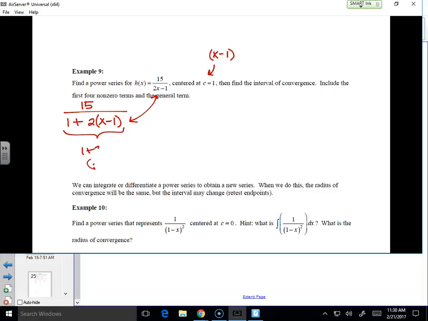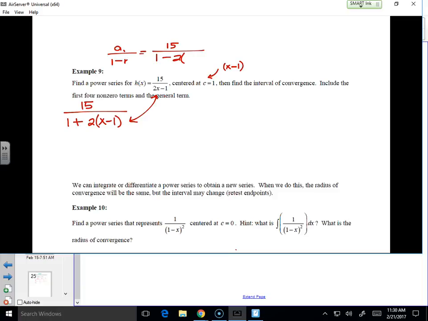Now hold on, how on earth do I get to that expression? To be honest, I'm not totally sure myself, so how could you guys get to that expression? We have a basic formula that we have to follow and make it match. We know that centered at c equals 1, we need some sort of x minus 1 in our common ratio. So I went ahead and was like, well, 15 is my a sub 1, I'm assuming. 1 minus, and I started to put my 2 inside, but I needed my x minus 1 on the inside.